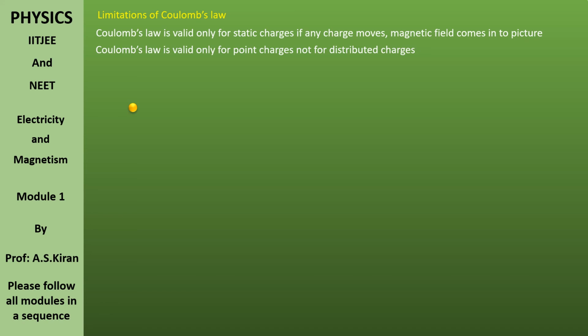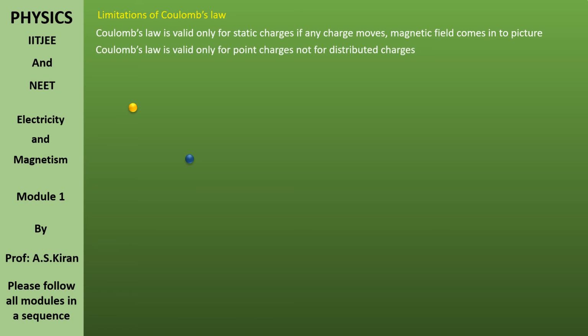Let us discuss the first limitation. There is a charge. There is one more charge. Obviously, there will be some force of attraction. Why? They are opposite in nature. Maybe force of attraction or maybe force of repulsion. But Coulomb's law is valid only for static charges.